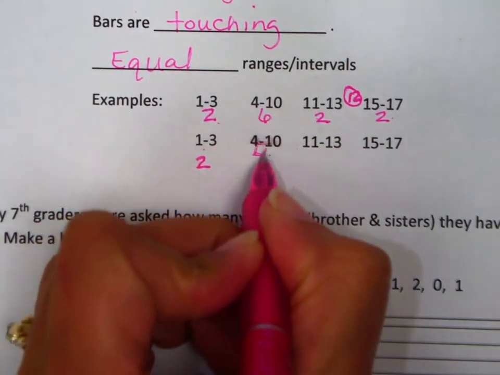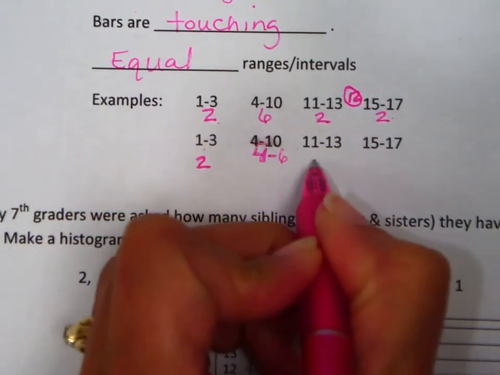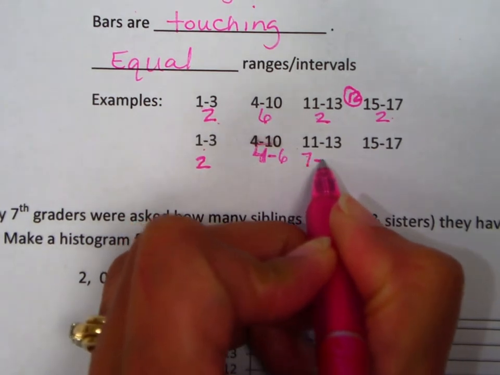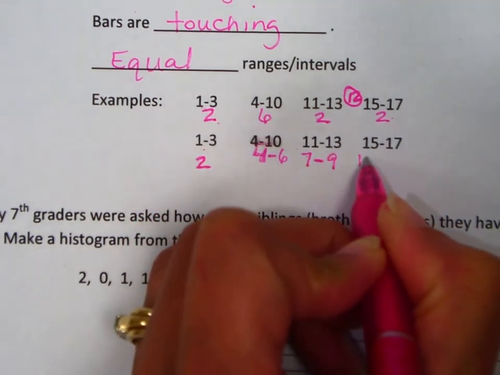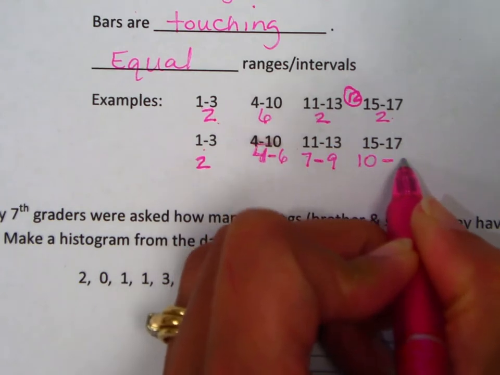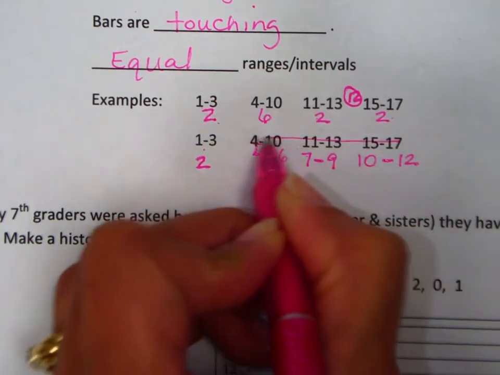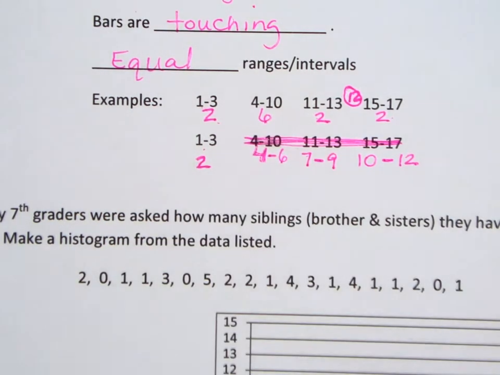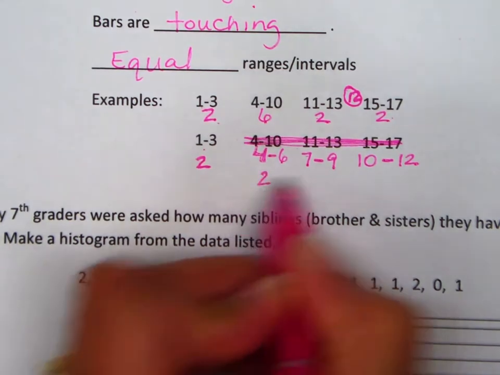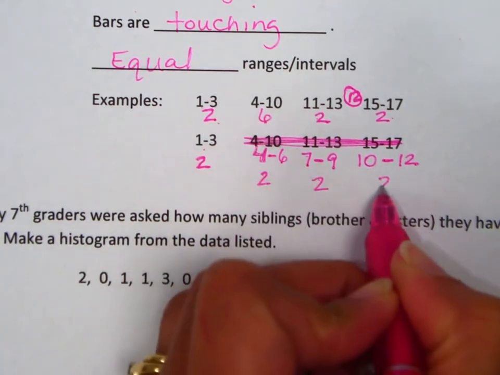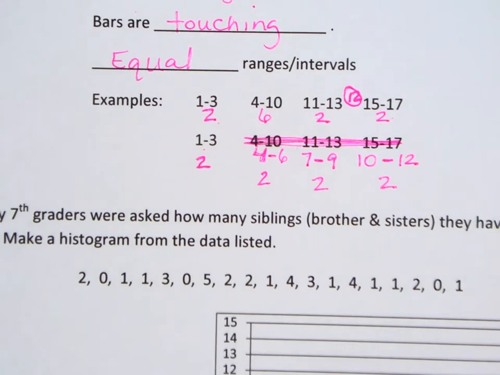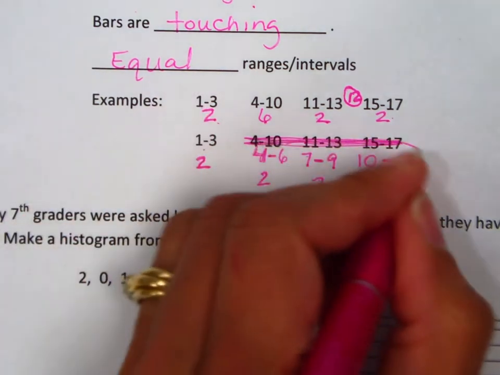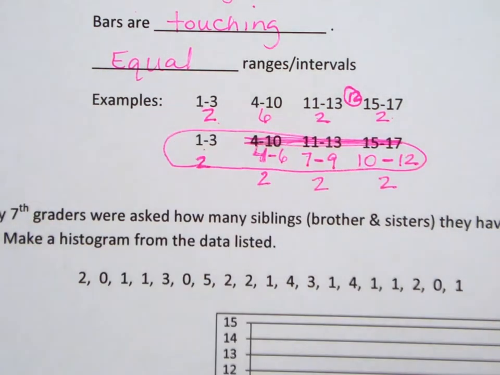It actually should have said 4 to 6, and there should be a 7 to 9, 10 to 12, and so on. So when you have those ranges, now we have a range of 2, a range of 2, a range of 2. So now they're all equal. This is what you need to do. Sorry about the mistake, but those are the kind of ranges that you need.